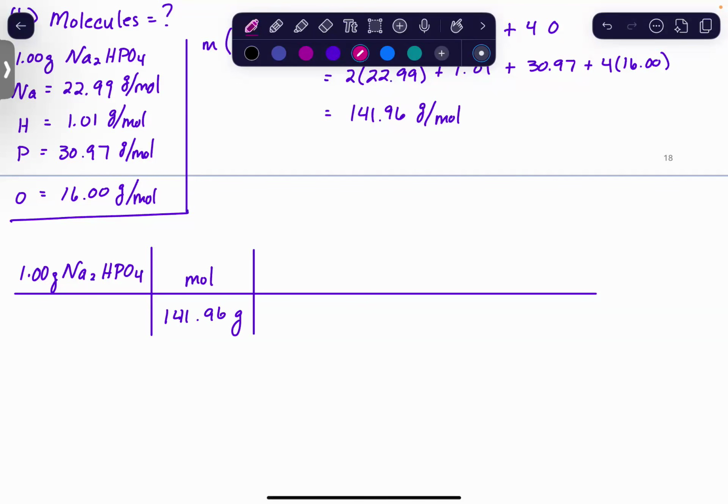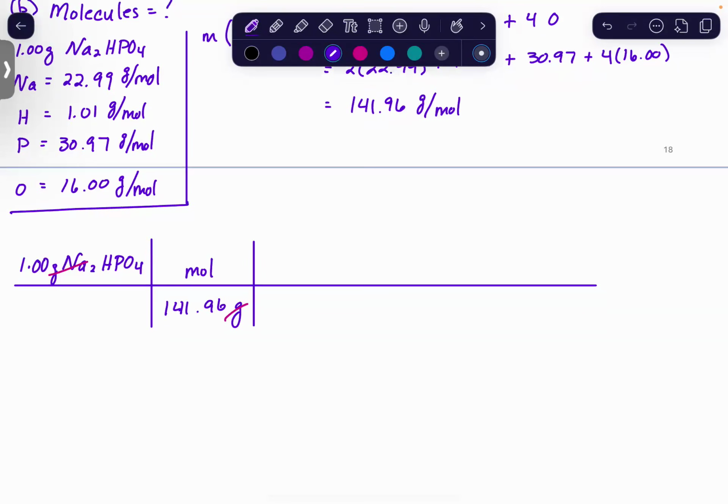Okay, so now the units of grams have canceled out. I have moles, and I know that I have 6.022 times 10 to the 23rd molecules per 1 mole of sodium hydrogen phosphate molecules. And now moles has divided out.